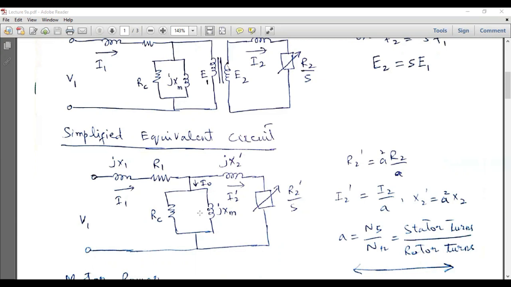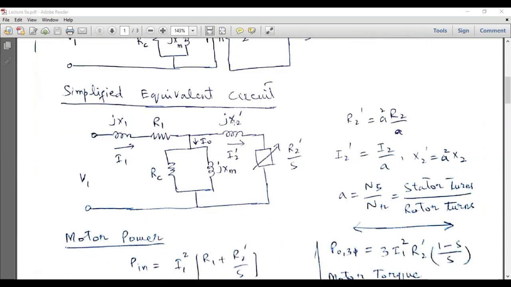So this is the new equivalent circuit, and this is jX2 dash, this is R2 dash over S, and this is I2 dash. These new transformed quantities can be represented by these expressions: R2 dash is equal to A squared R2, I2 dash is equal to I2 over A. Since all these expressions from the rotor side are referred to the stator side, this transformation will be applicable. Here A is the turn ratio, defined as the stator turns divided by the rotor turns.